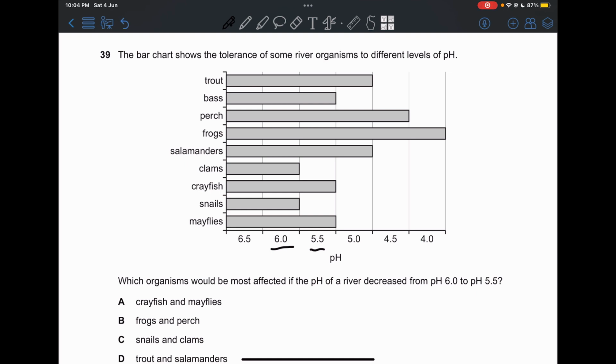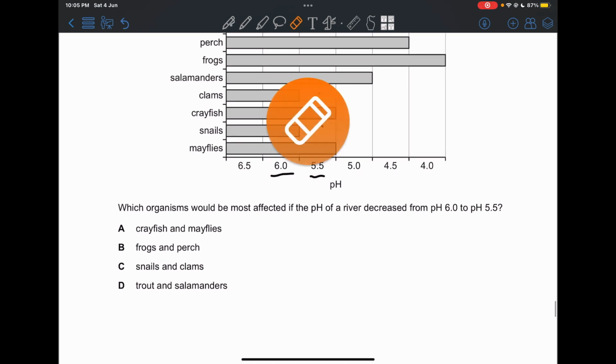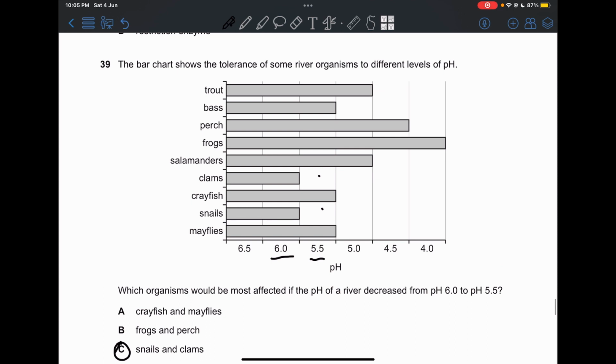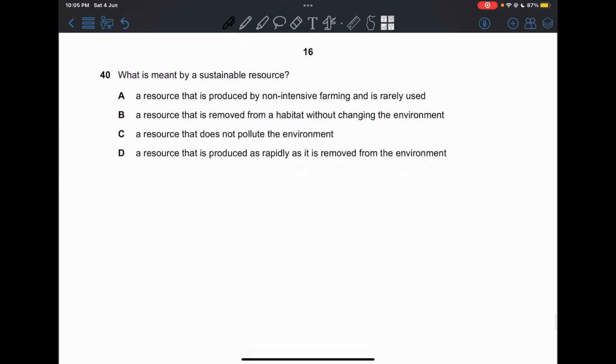So in pH 6, there was nearly every animal, but in pH 5.5, there were 2 animals that were absent. It was the clams and the snails. So it's actually going to be C for this question because they were the most affected. As you can see, they were absent from the difference between pH 6 and 5.5. So that's going to be the answer there.